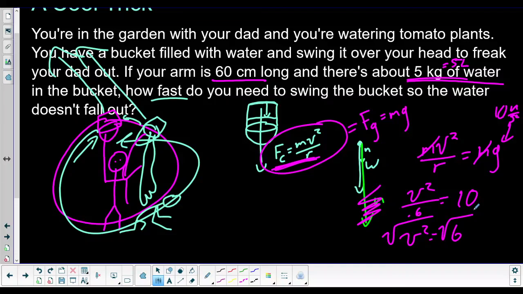What's the square root of 6? Let's use that calculator that I definitely have laying right here. So the velocity, the slowest you can swing the bucket, is 2.45 meters per second. If you swing it any slower than that, the water will fall out of the bucket and then get you and your dad wet, and then you're going to be grounded. No more fun. All right, cool.